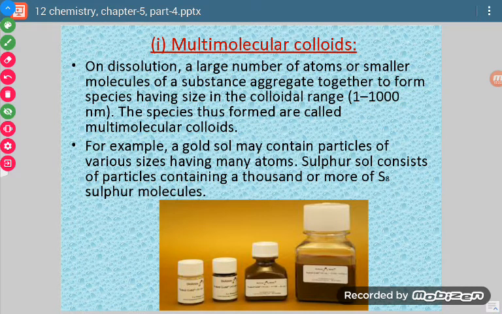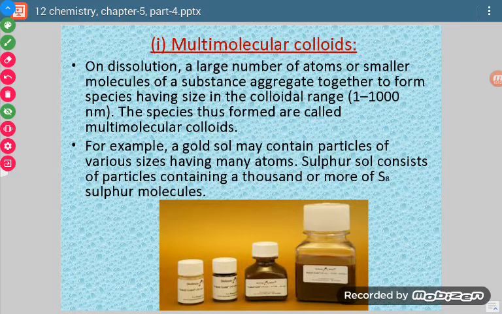From the name itself we come to know, multi means more than one, molecular means molecules. So in this colloid, many molecules come together and form a bigger molecule. That bigger molecule will have dimensions of the colloidal range. So if this happens in a particular colloid, then we say that this colloid is a multimolecular colloid.